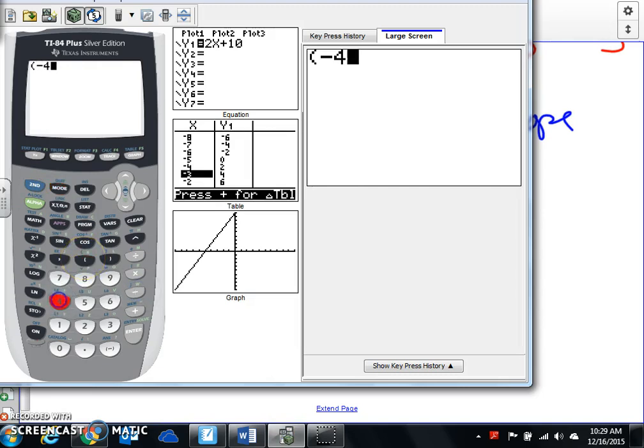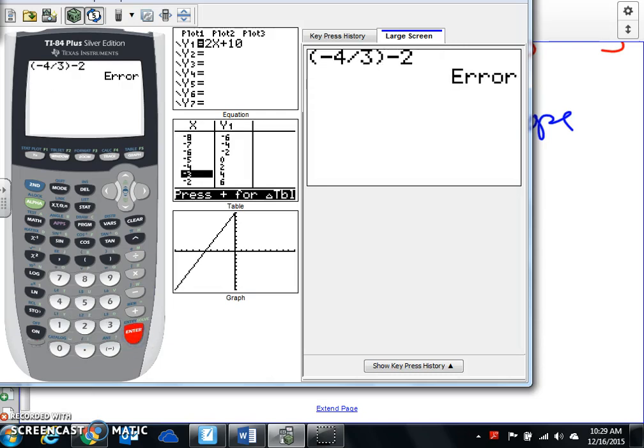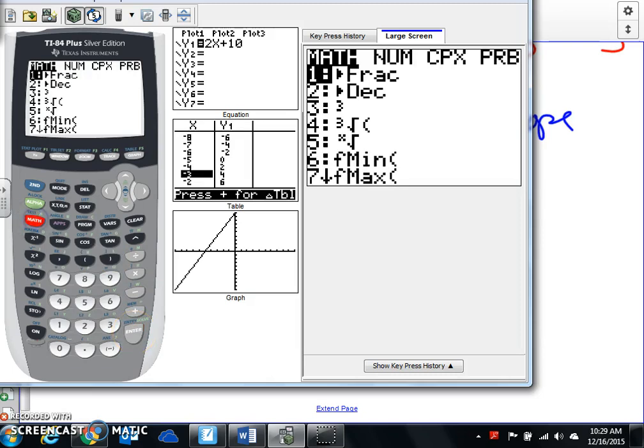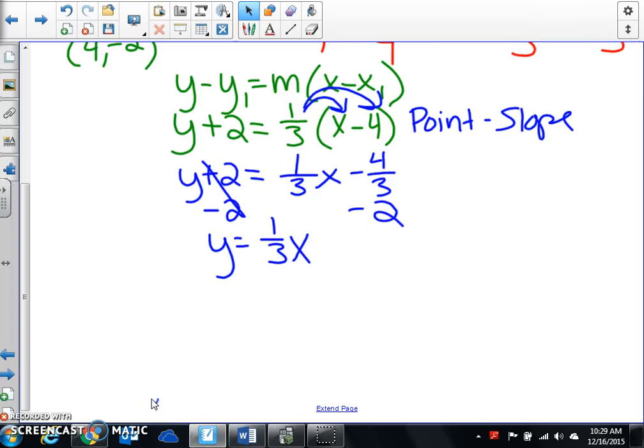So negative 4/3 minus 2. Enter. What did I do? Oh, look at me. I put a minus 4. Negative 4, oopsie, thirds minus 2. And then I math frac. So negative 10/3. So minus 10/3.